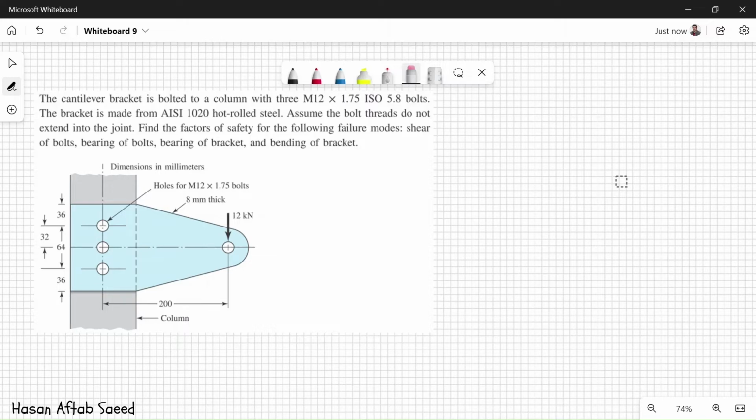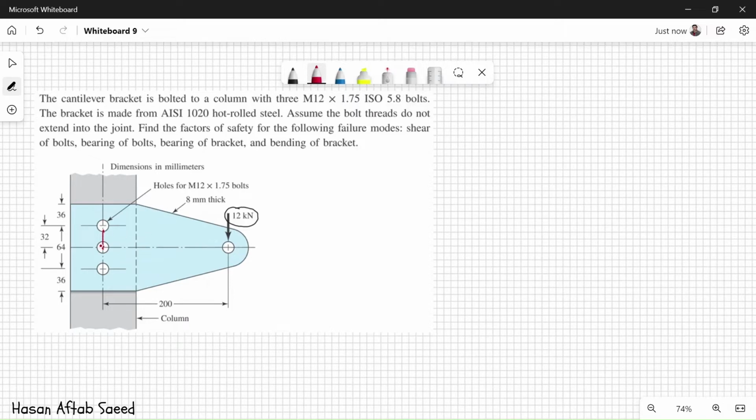Now this 12 kilonewton load is obviously an eccentric load, and we need to shift it to the centroid of the bolt group, and that centroid happens to be this point, very obvious.